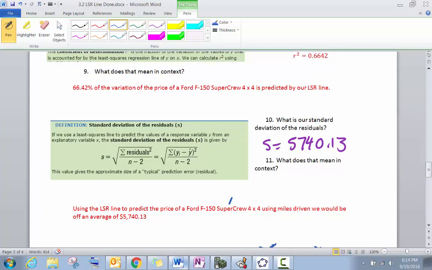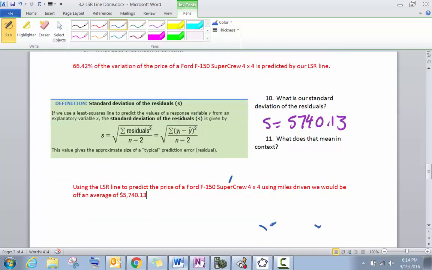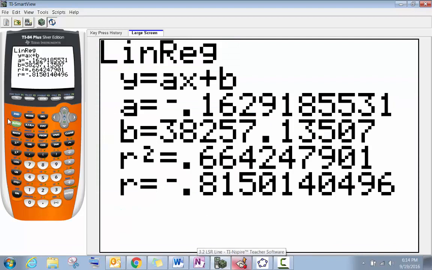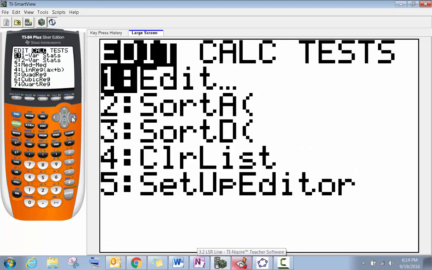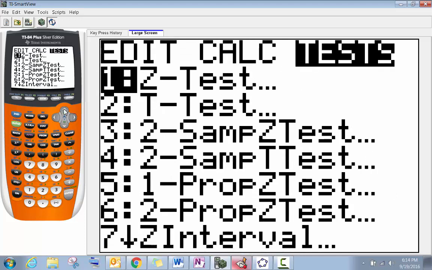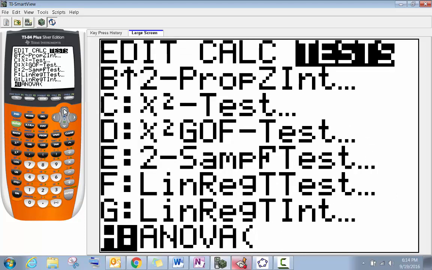Standard deviation of the residuals. Now what this is, it tells us really on average how far off we are on all our values. So this is kind of a lot of work to find our residual here. So we go to stat and over to tests, which we won't do until second semester.